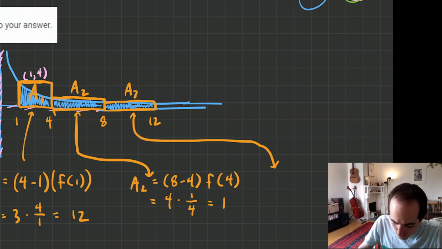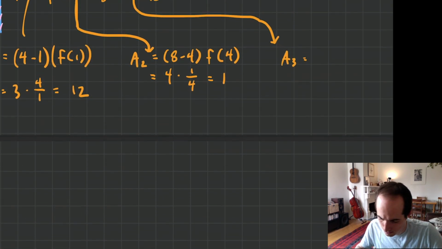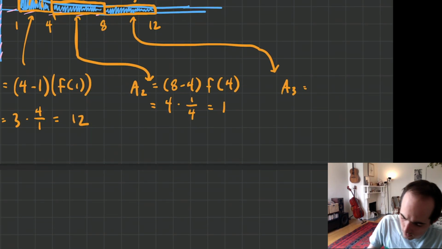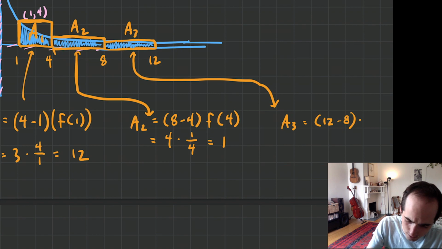So the third area would be 12 minus 8. I think my head is probably in the way there. There we go. So 12 minus 8 times, well, we are going to be evaluating the function at 8, where x is equal to 8. So that would be f of 8.